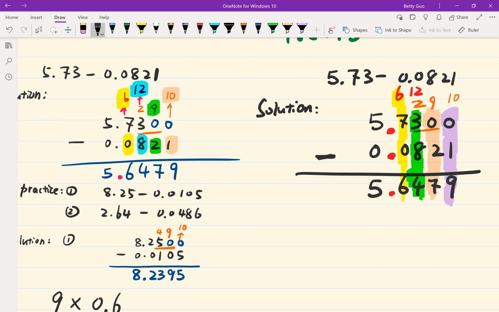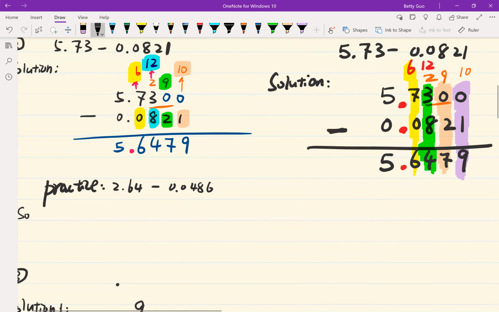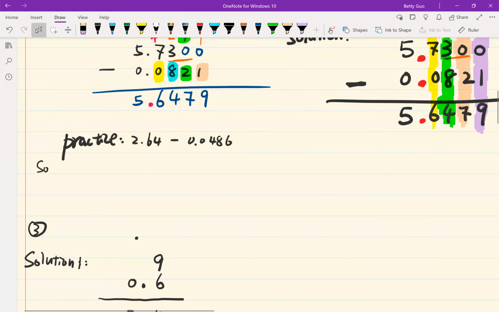Your turn. See if you can do 2.64 minus 0.0486.